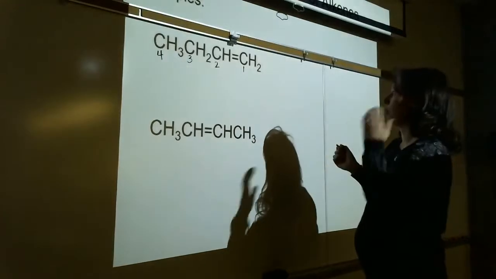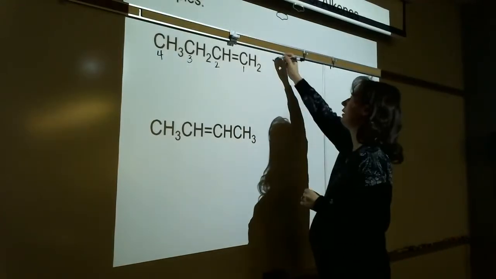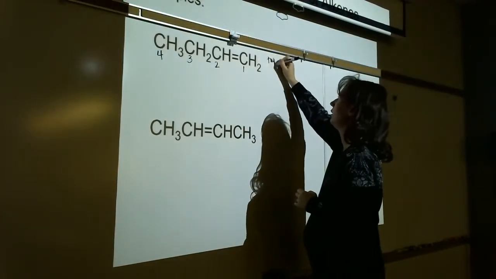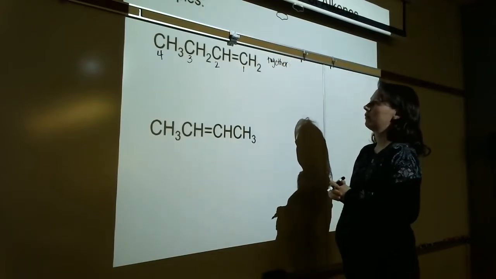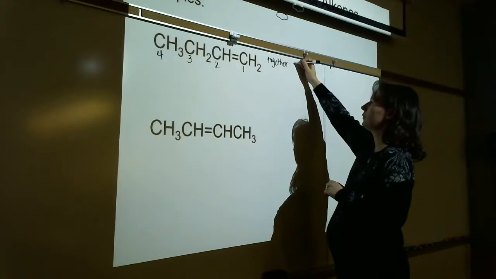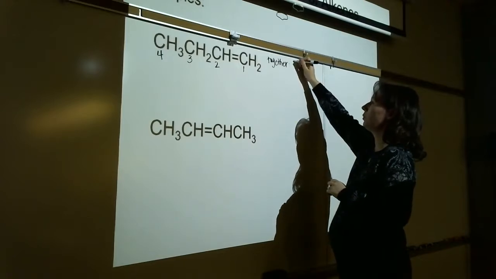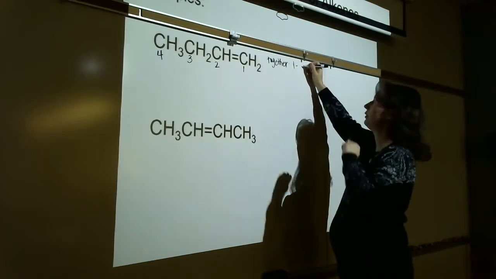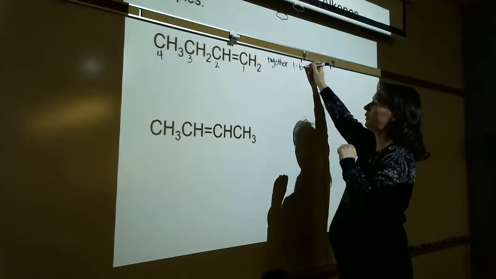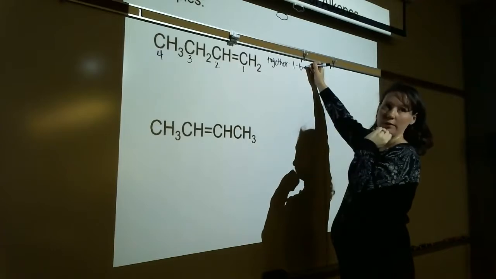So let's do it both ways. If we're keeping it together, what would that be? It would just be 1, and that's a 4-carbon chain. Well, this is a 4-carbon chain, so it would be butene, right?